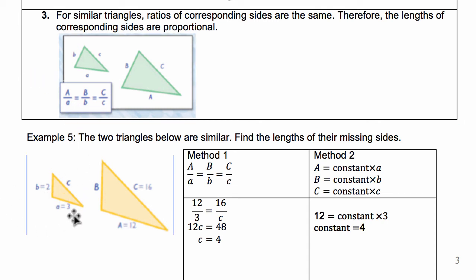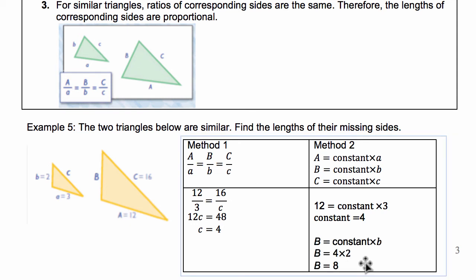That is, 4 times little a equals big A, 4 times little c equals big C, and 4 times little b equals big B. Since we have little b equals 2 units, we know that big B must equal 4 times 2, or 8 units.